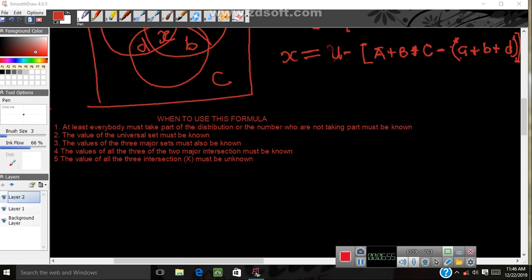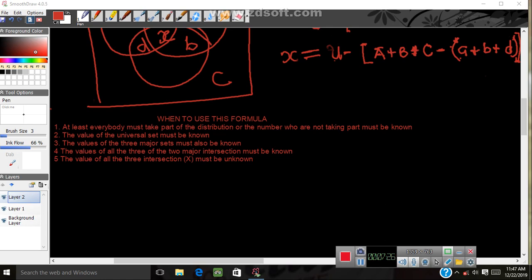That day, 5 of the students were absent. It means that the number that are not in the class is known. So if I strike the 5 from the 50, I'll be left with 45. So 45 will be my distribution, but still my universal set must be 50. So if they are 50 and 5 are absent, I will still be able to use this formula by first subtracting the 5 from the 50 to get the 45. We look at that one when we are taking a major question.